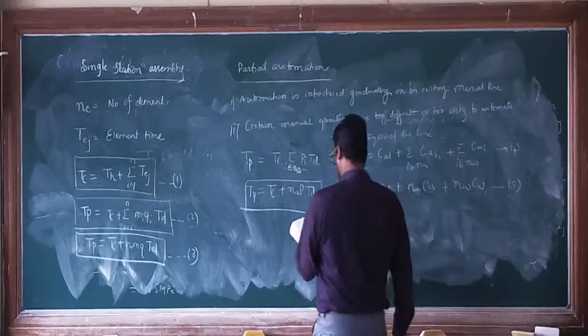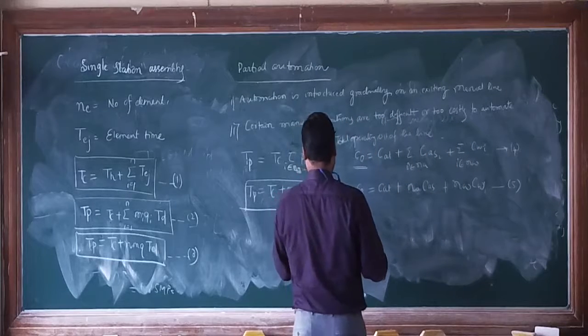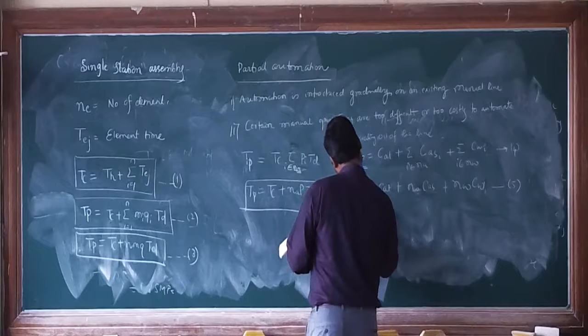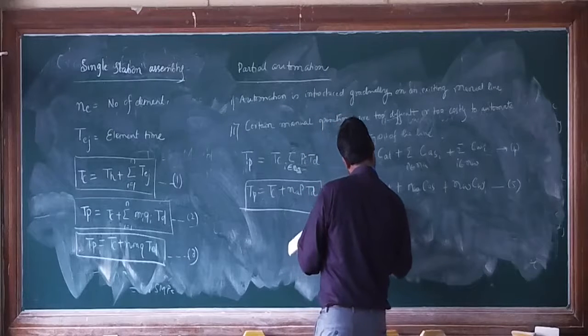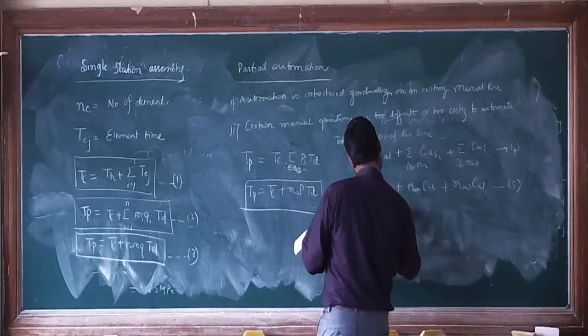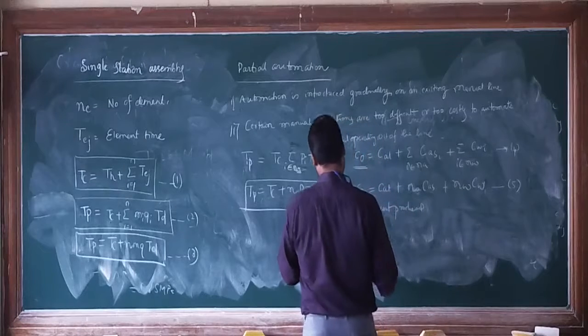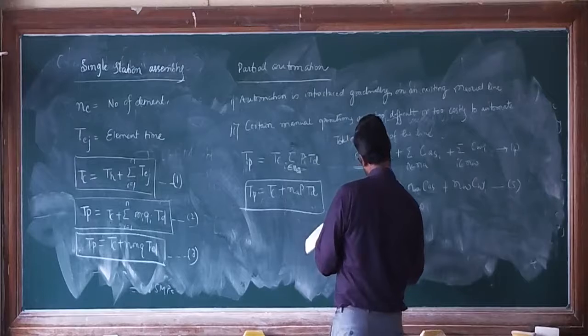And then the total cost per unit produced. If you calculate this total cost per unit produced, it is CPC. How much CPC are you getting?